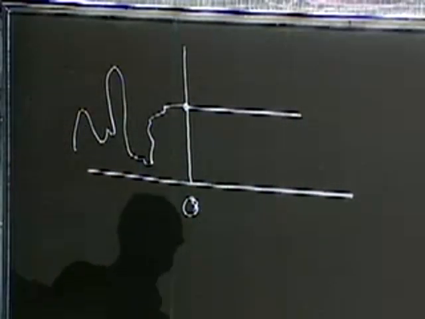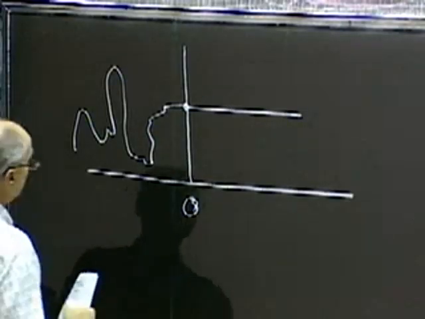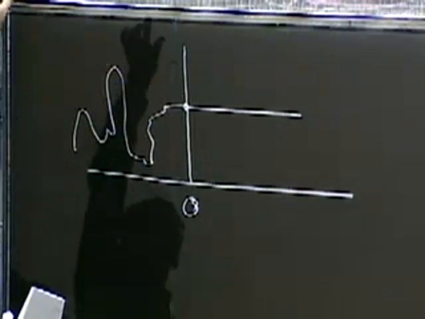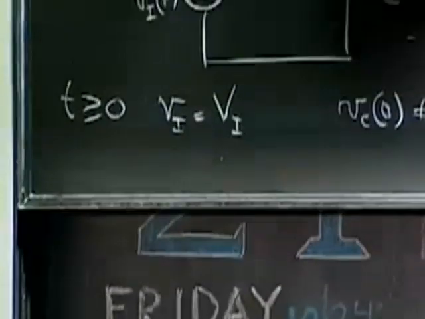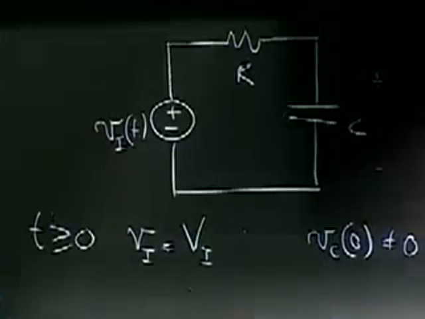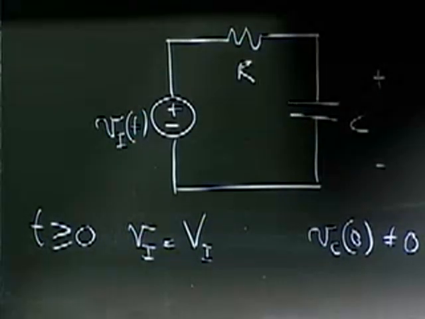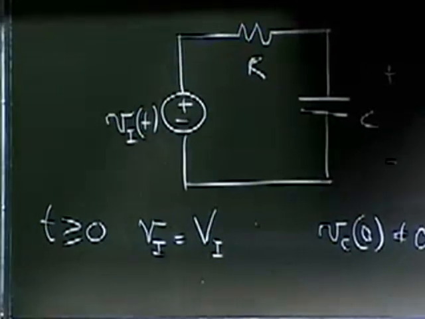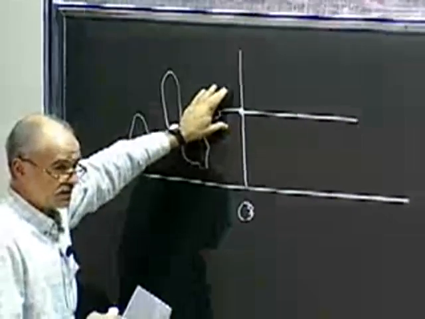Now, there is an implicit statement in that. The statement is that somehow that network appears like this at t equals 0. So there has to be some switch there, and you will see that, that basically starts my condition at t equals 0.